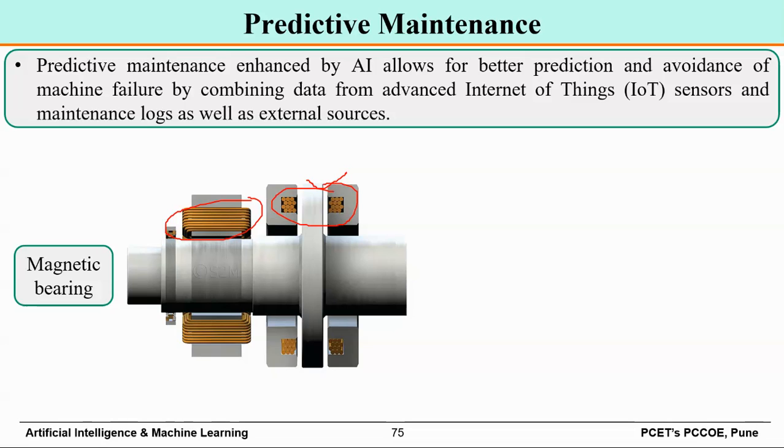As a design engineer, your role is to design that magnetic bearing such that it will restrict its axial movement as well as radial movement. But even though there is a magnetic field, there is a slight axial movement, but that is in microns. There is also a radial movement, but that is also in microns.